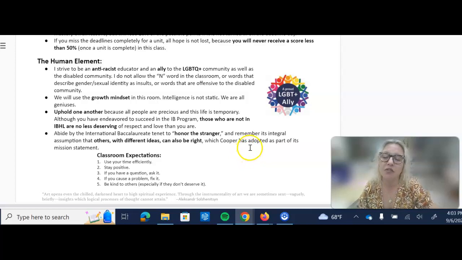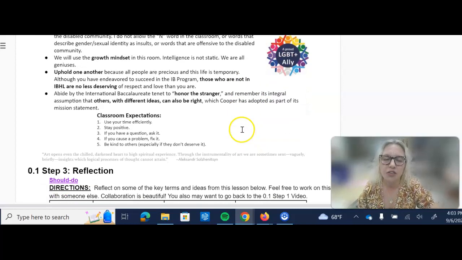And remember its integral assumption that others with different ideas can also be right, which Cooper has adopted as part of its mission statement. Here are the classroom expectations. Use your time efficiently, stay positive. If you have a question, ask it. If you cause a problem, fix it, and be kind to others, especially if they don't deserve it.